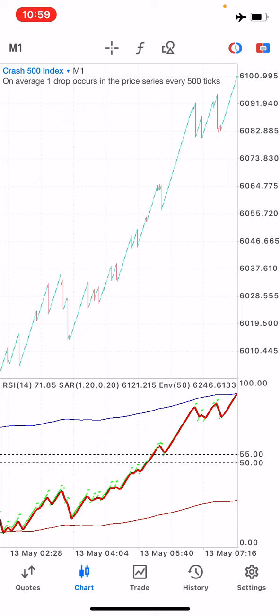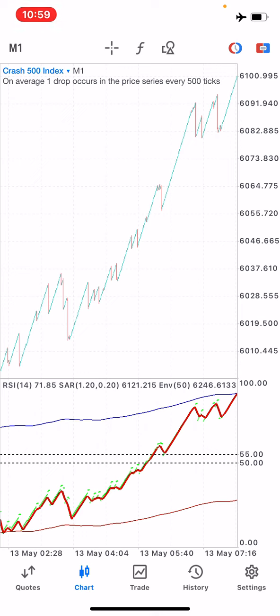There's so many entry points that you can maximize on, and it does work both for spike catching and for scalping, right? So we have spike catching, scalping, and tick trading on this strategy. I'm going to do the step-by-step process of installing this strategy with you guys, and then look at when you can trade with it.